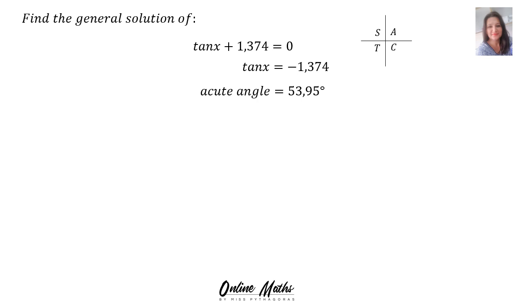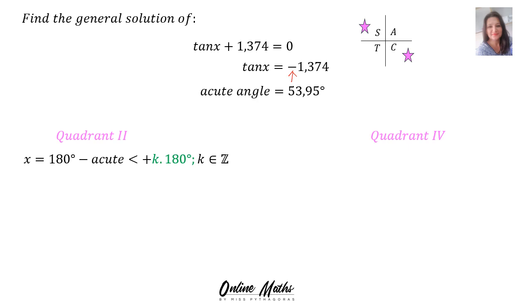That's step 1. Now you will go back to the sign here and you will say, where is tan negative? Tan is negative in the second and the fourth quadrant. Then quadrant 2, quadrant 4. Now you say, the angle that used to live there by tan is x. So on the left hand side, there's just an x. And then in quadrant 2, the solution is 180 degrees minus the acute angle. And that is the specific solution.